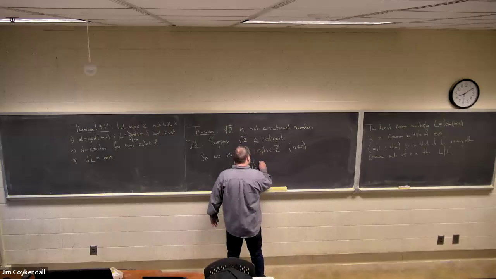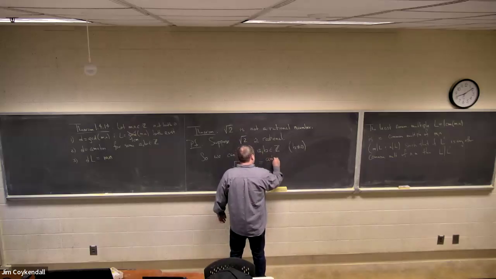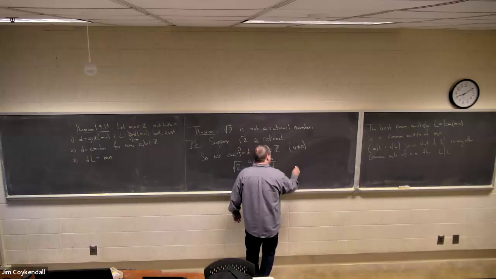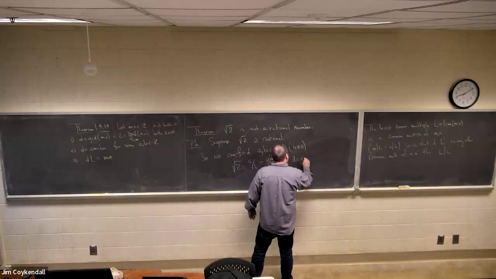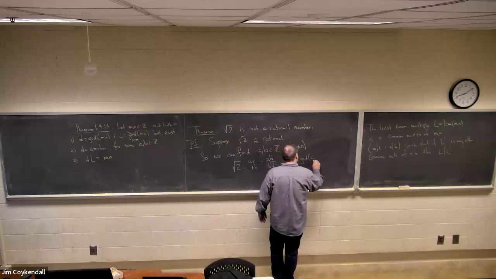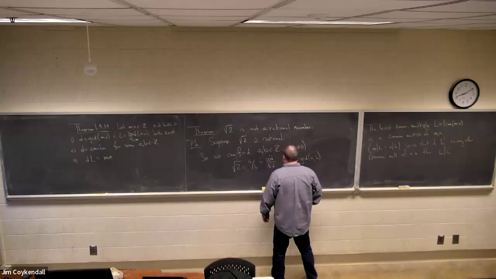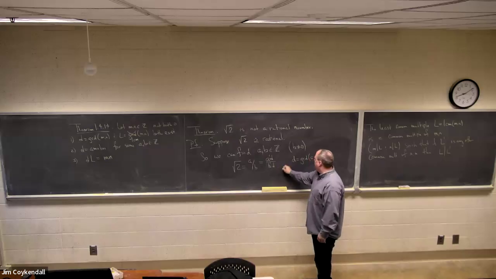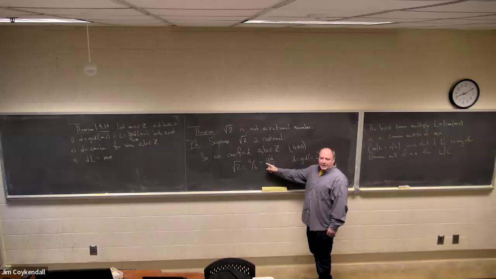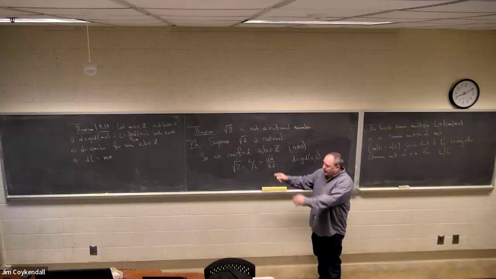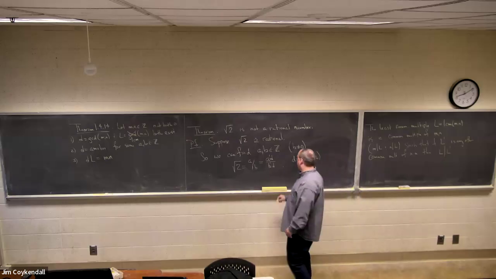We'll do this carefully. Let's factor this fraction, integer on top, integer on bottom. What am I going to do? I'm going to pull out the greatest common divisor. I've already claimed this exists.